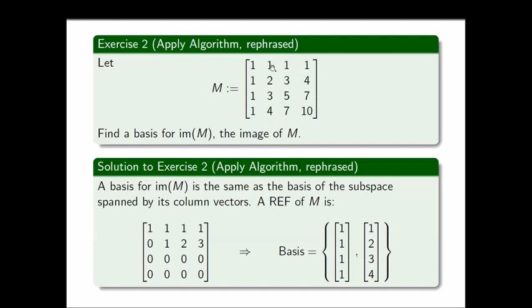So we first turn it into a matrix in row echelon form, and we see that there are only two columns that have a leading one. So we just take those columns, and those are going to form the basis for the image space of M. Corresponding to the first column, we have (1, 1, 1, 1), and the column corresponding to the second one is (1, 2, 3, 4). So that forms the basis for the image space of M.